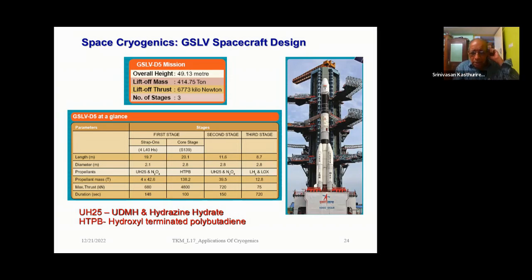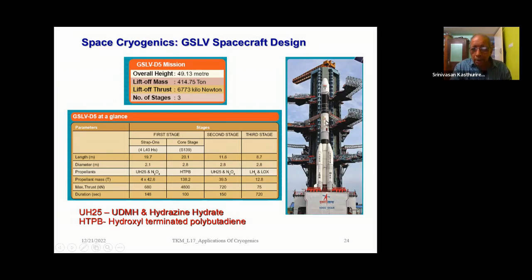The second stage is generally UH25 plus N2O4 combination. The last stage is generally the cryo stage. In the last stage, you have liquid hydrogen and liquid oxygen as the fuel and the oxidizer in the system.